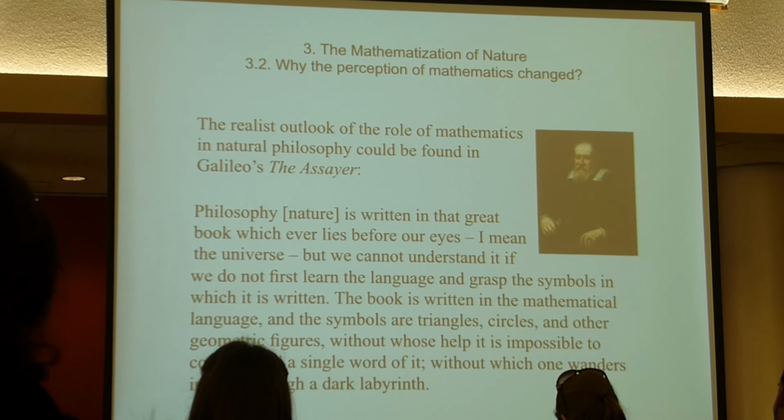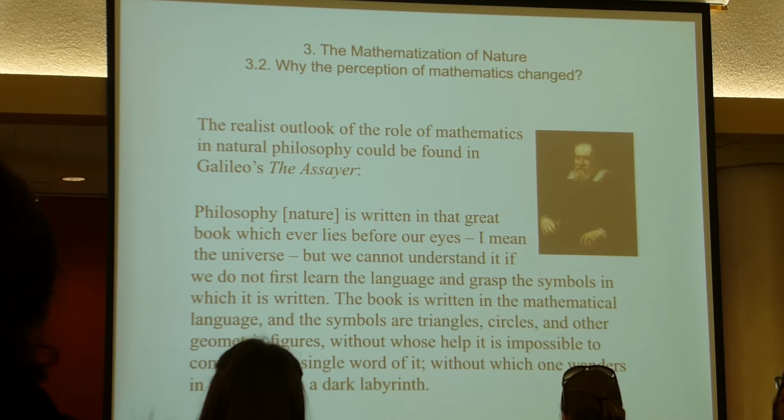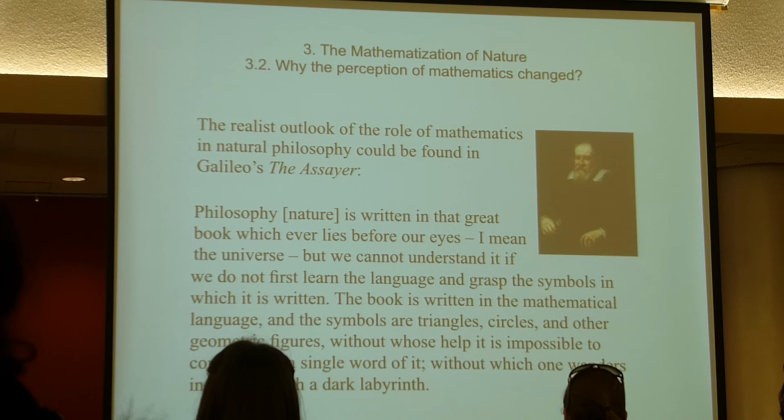The book is written in mathematical language, and the symbols are triangles, circles, and other geometric figures, without whose help it is impossible to comprehend a single word of it, without which one wanders in vain through a dark labyrinth.